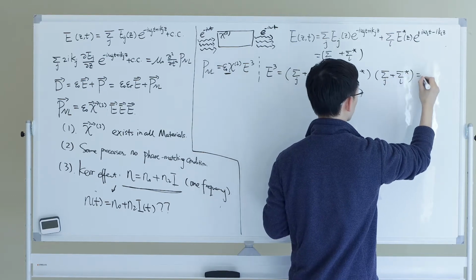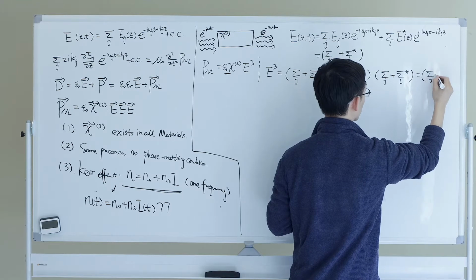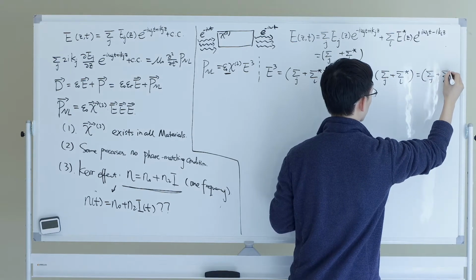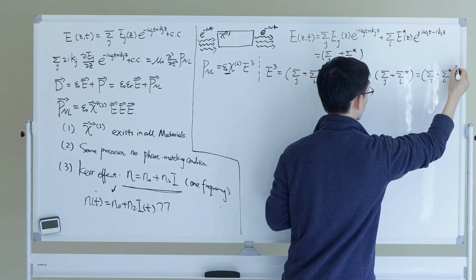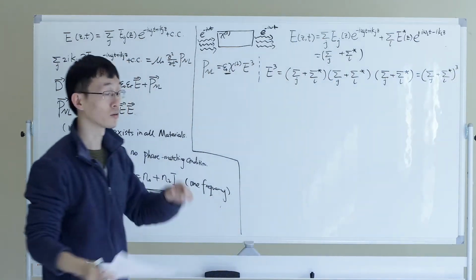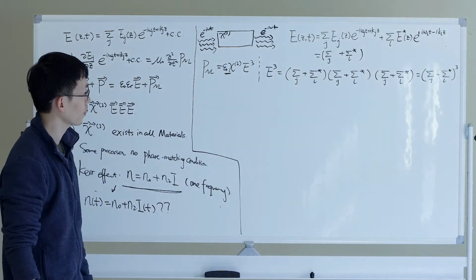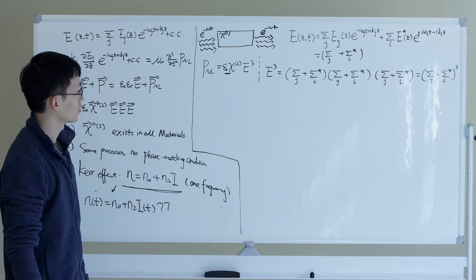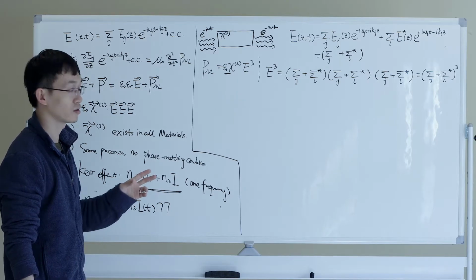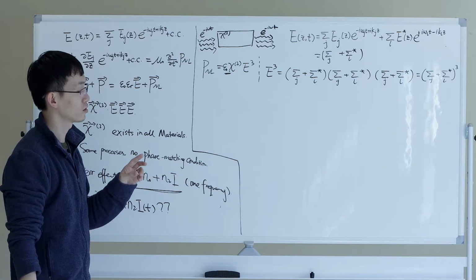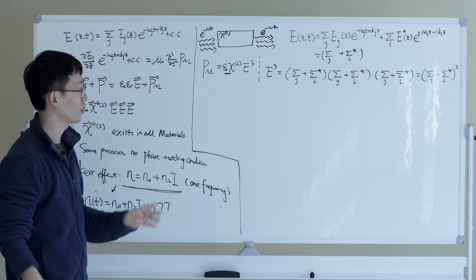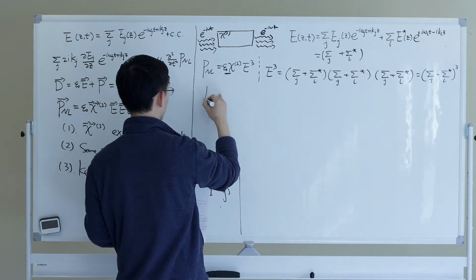Or you can write down as, okay, EJ can write down as this. Now, by looking at this, you can see there's actually 4 different types of terms.